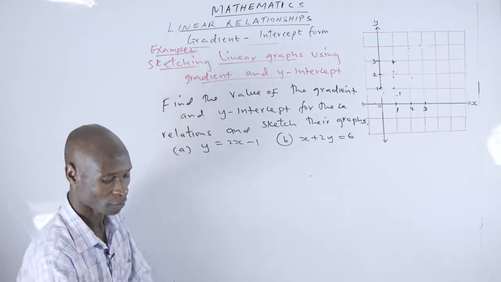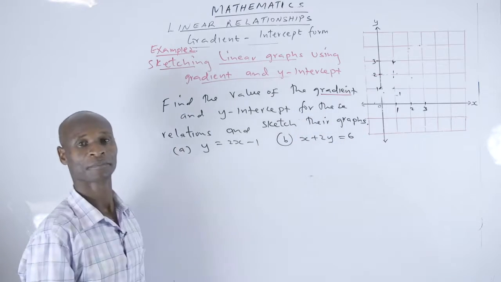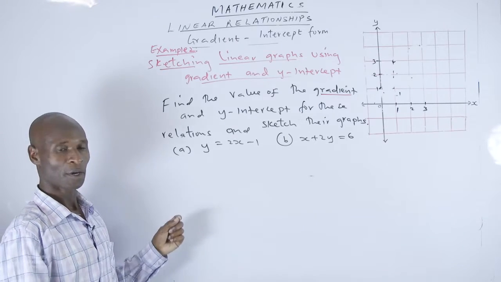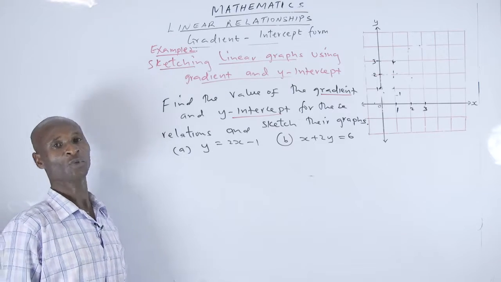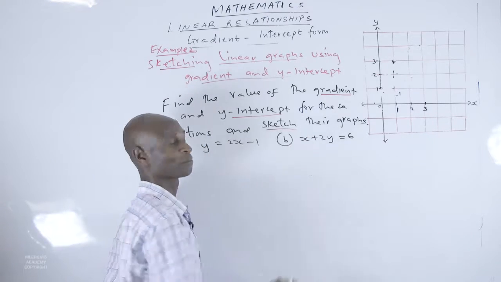We first of all identify the gradient of that particular relation, get the y-intercept, then having the two, we can use them to sketch the graph.